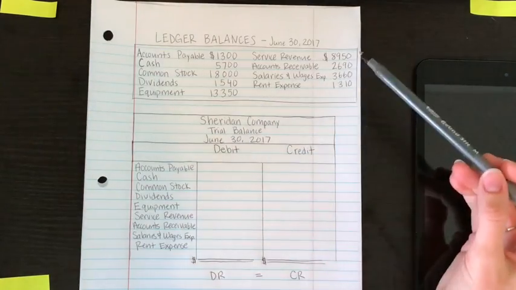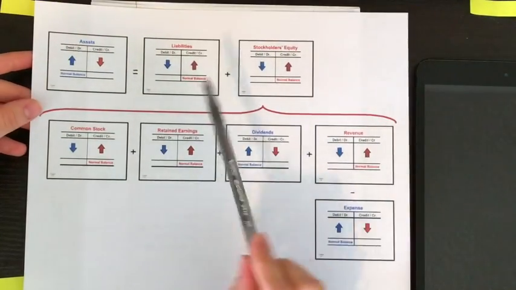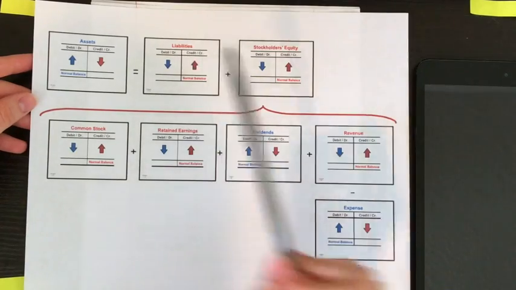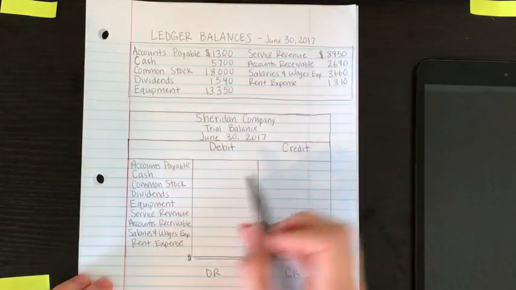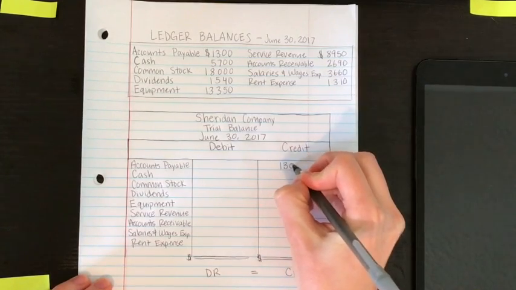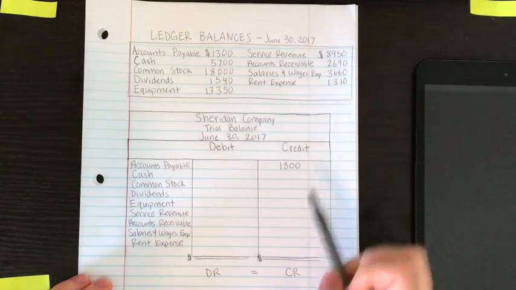Accounts payable is a liability, so looking back at this sheet, the normal balance for liabilities is in the credit column. So we write the current balance for accounts payable in the credit column.